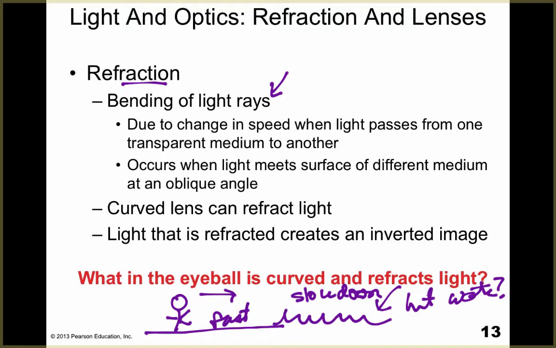Why is this the case? You slow down because you're passing into a new medium. And that new medium, water, its molecules are closer together. So there's less room for you to move through them.